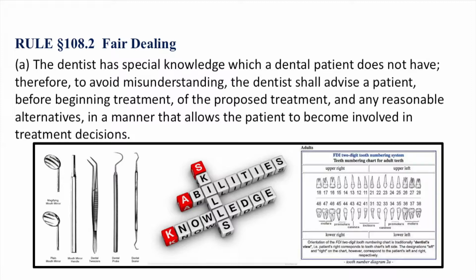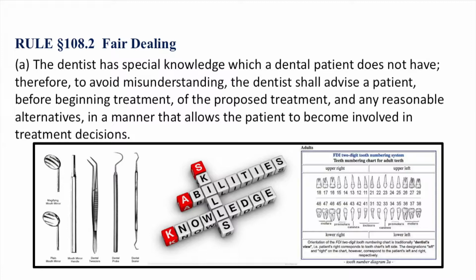To work to avoid any misunderstanding on the part of the patient, this rule requires the dentist to advise a patient. It does not say the dentist may advise a patient. It states that a dentist shall advise a patient.